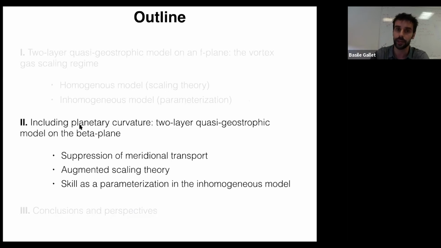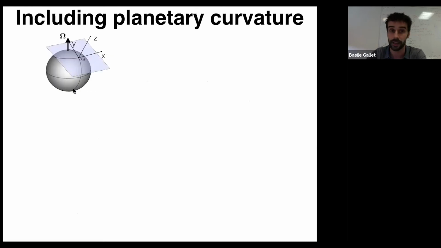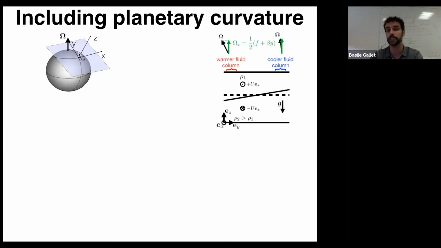And so we will include that planetary curvature now in the framework of the beta plane approximation, which I will explain now. The idea is that you're studying the motion in a plane tangent to the sphere. When you project the equations of motion onto the local plane, you have to project the rotation of the planet onto the local vertical coordinate.